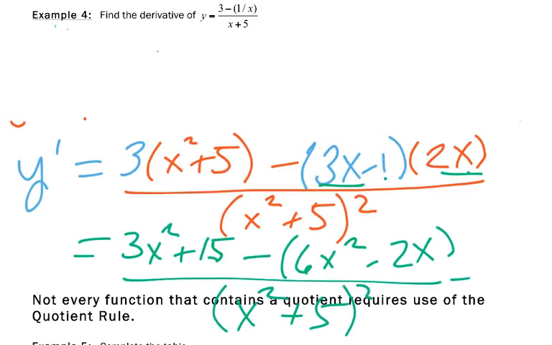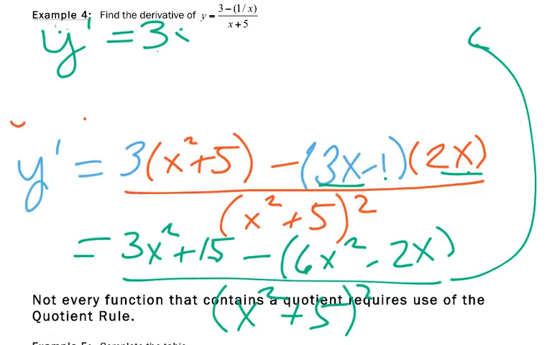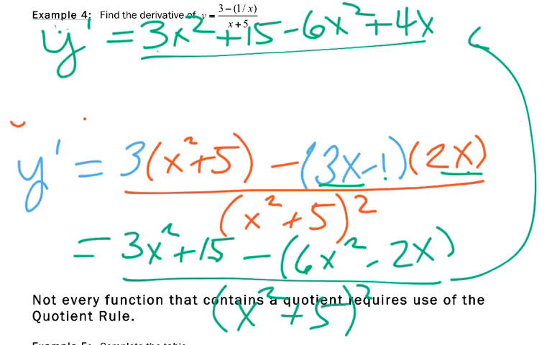Okay, so coming back up here and simplifying, y prime is 3x squared plus 15 minus 6x squared plus 4x, all over (x squared plus 5) squared.